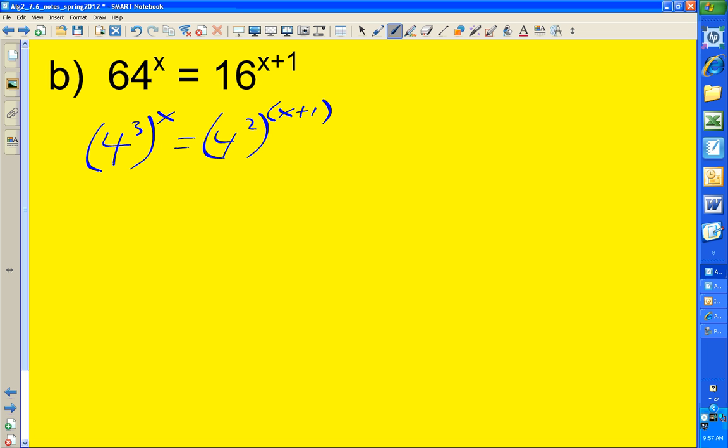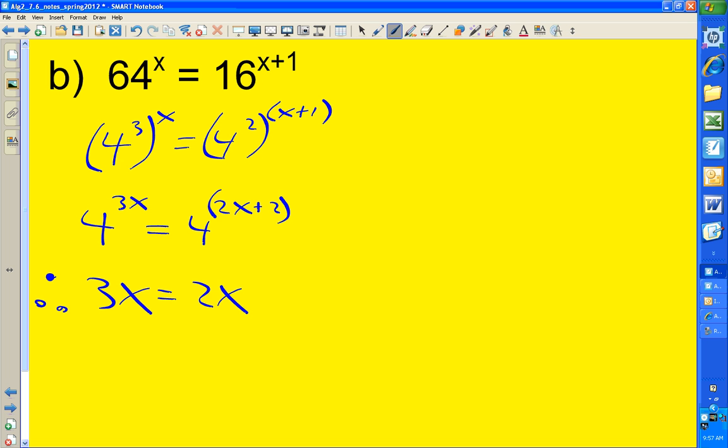And as powers of powers, you need to make them higher, just like with bases, you need to make them lower on the log equations. On the left, it's 4 to the 3x. On the right, 2x plus 2. What's the logical conclusion? 3x equals 2x plus 2, so x equals 2.